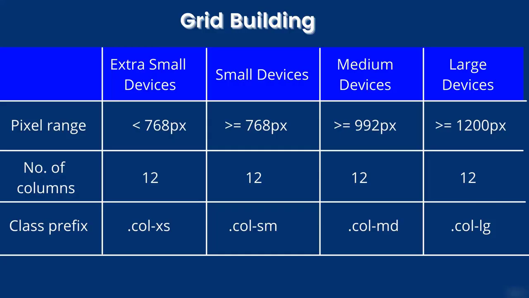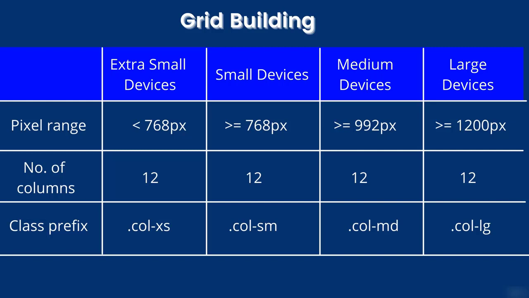So let's see how these 12 columns can be managed, or how we can check which is your large screen and small screen. So basically it is all depending on the number of pixels that you can check while working on any screen. I'll show you that in the practical implementation itself, since I'm working on a laptop of maybe a 14-inch screen.